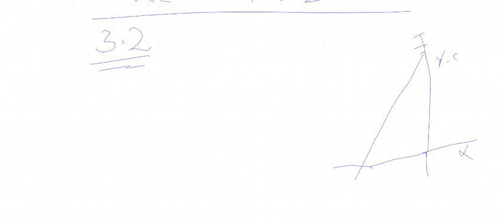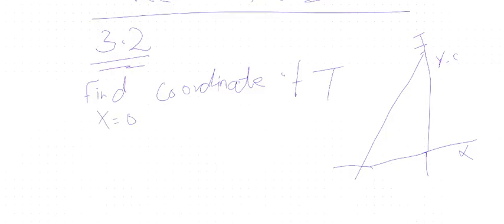So first let's find the coordinate of T by setting x equals 0. Substituting into the equation 2x minus y plus 10 equals 0, we get minus y plus 10 equals 0.